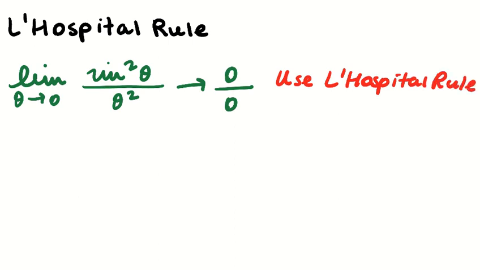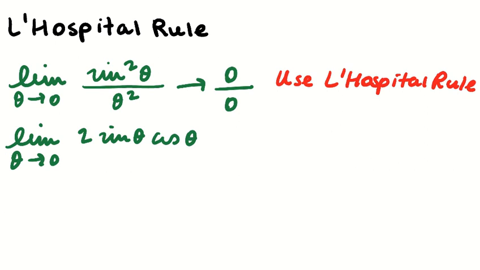I'm going to take the derivative of the top and the derivative of the bottom. The derivative of the top, this is sine of theta, and then you square it, so I'm going to do the power rule: 2 sine theta cosine theta divided by 2 theta.